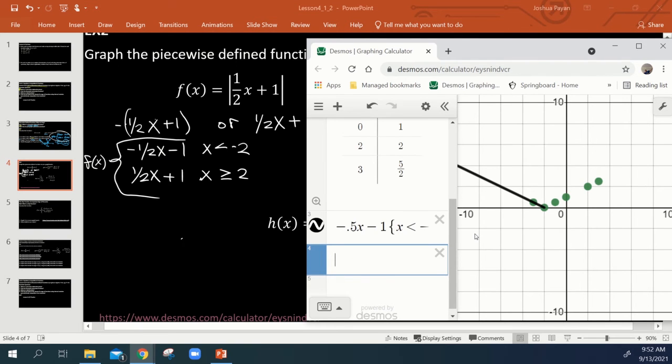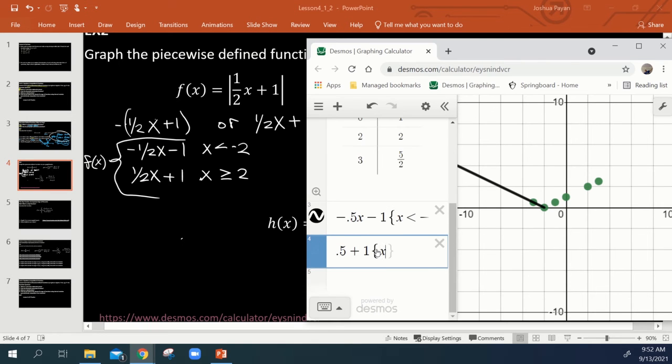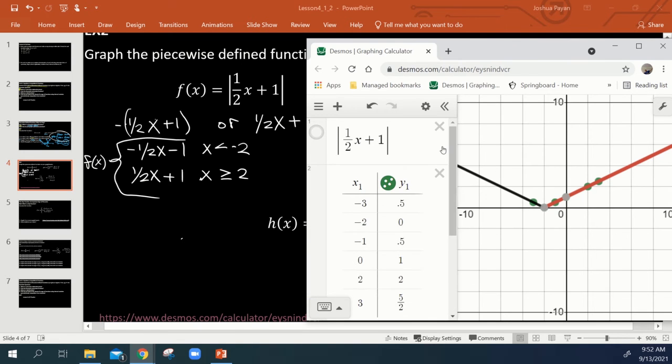Let's try the other half, so that would be this piece right here. 0.5x plus 1 if x is greater than or equal to 2. Oops, that should be a -2. There we go. So we see that it works out. It gives us the exact same thing as it did earlier.